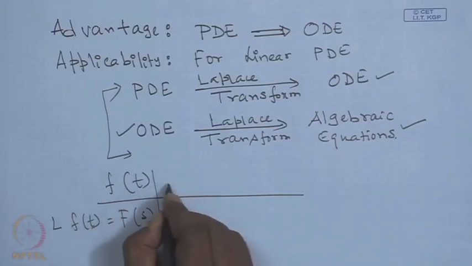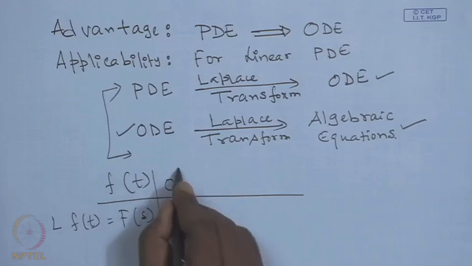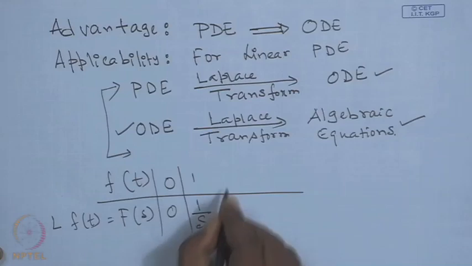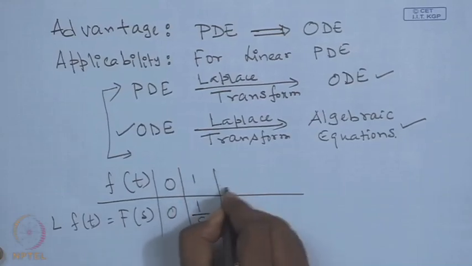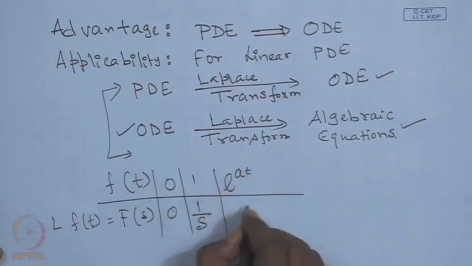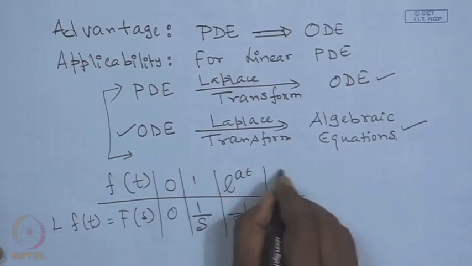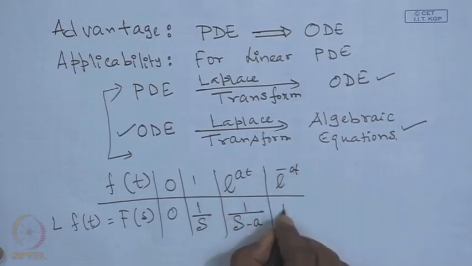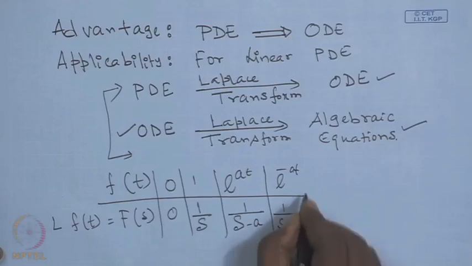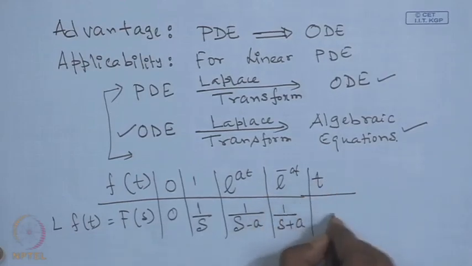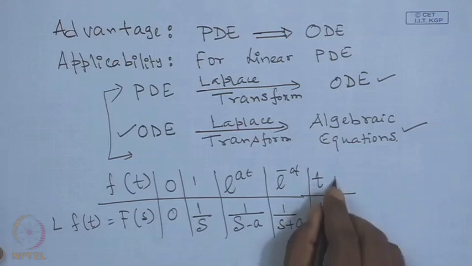If f of t is 0, this Laplace transform is 0. If it is 1, this is 1 upon s. If it is e to the power a t, then it will be 1 over s minus a. If it is e to the power minus a t, it will be 1 over s plus a. If f of t is t, then the transform is 1 over s square.